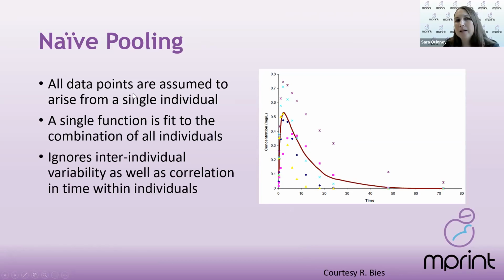But when you're fitting your model, you're assuming that all the data points arise from a single individual. So you fit your curve to all of these data as a single function. Well, this gives you a mean profile. It ignores inter-individual variability and correlation in time within individuals.